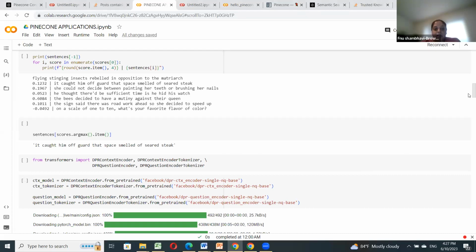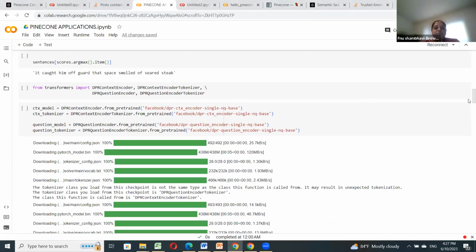Here you are downloading the transformers from the Hugging Face library, and importing the DPR retriever. Both the encoders, the question and the context encoder, and the tokenizers are there. The tokenizer mainly converts your question into numeric form, so that the machine is better able to understand and process it.